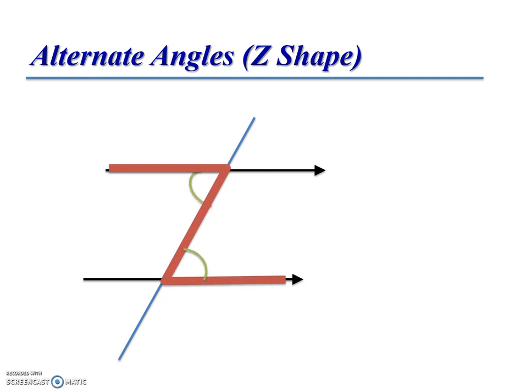Now look at the sharper part of the Z shape. The Z shape will always give you the same value exactly at the vertex of the Z. Now if one of the values is 70, for example, the other value will also be 70 degrees.